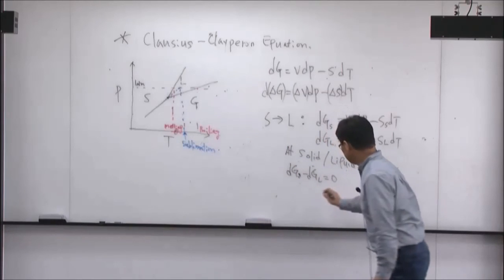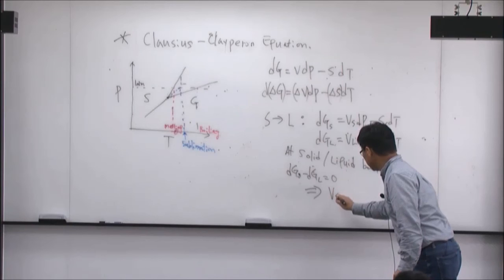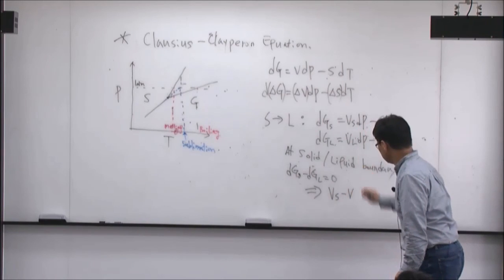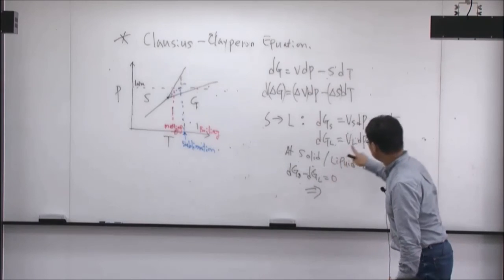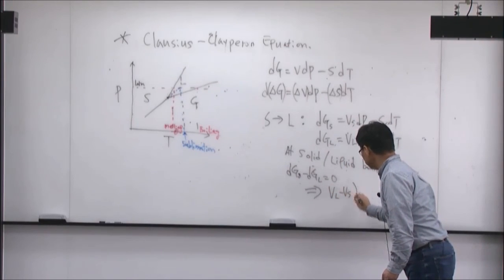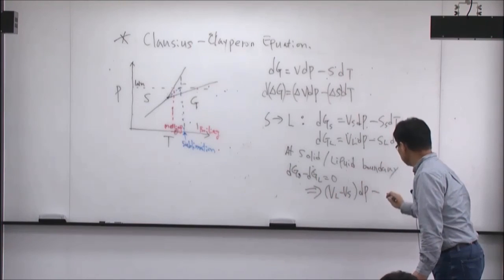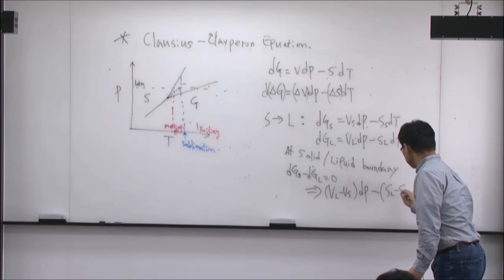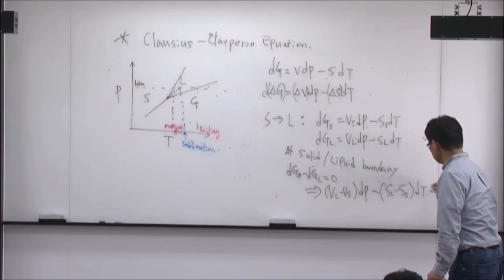Then this equation will be V solid minus V liquid. So let's just take it liquid to the solid. So liquid to the solid, V liquid minus V solid dP minus S liquid minus S solid dT equal to 0.